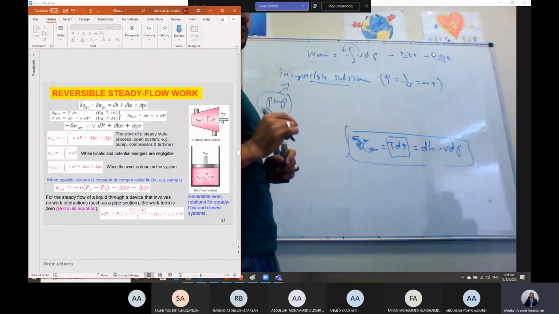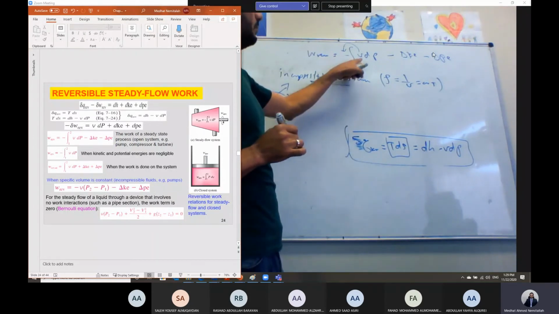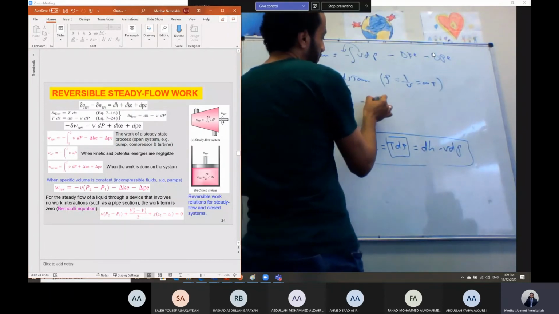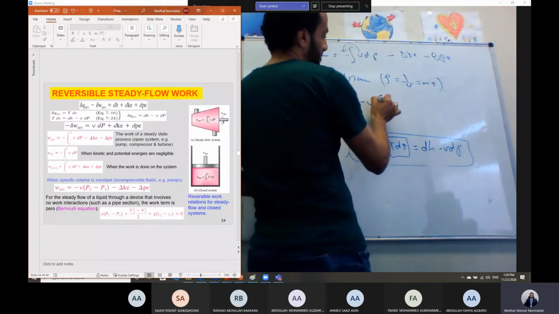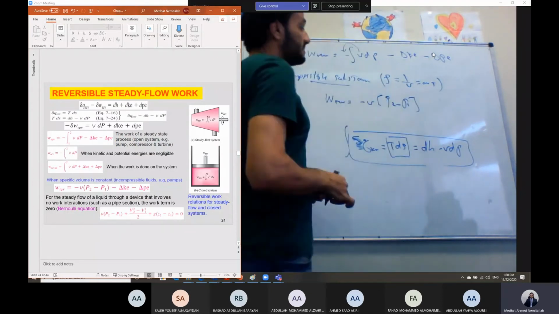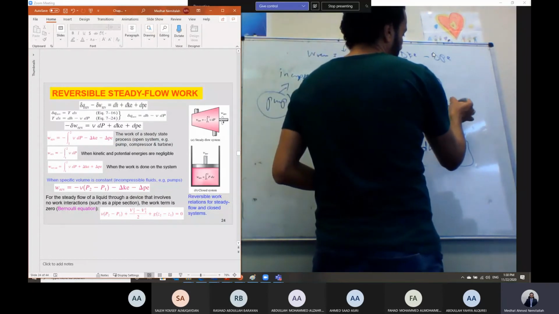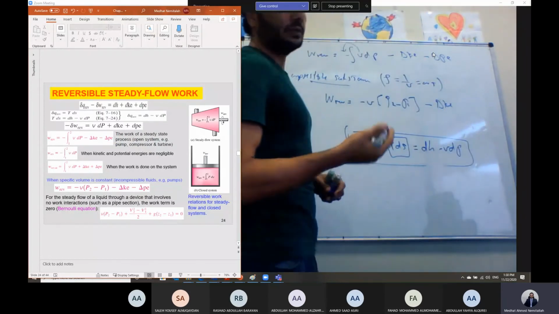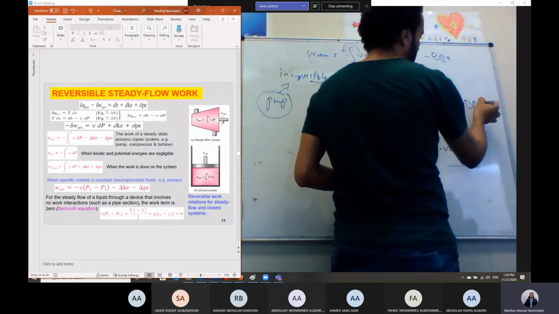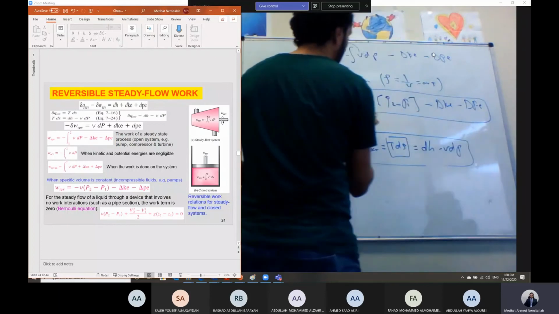So in this case, the reversible work or maximum work input to the pump will equal what? We can take the specific volume outside, so the reversible work will equal minus v, as it is constant, multiplied by the integration of dP, which is P2 minus P1, minus the change in kinetic energy, which is V2 squared minus V1 squared divided by 2, minus the change in the potential energy in this case.